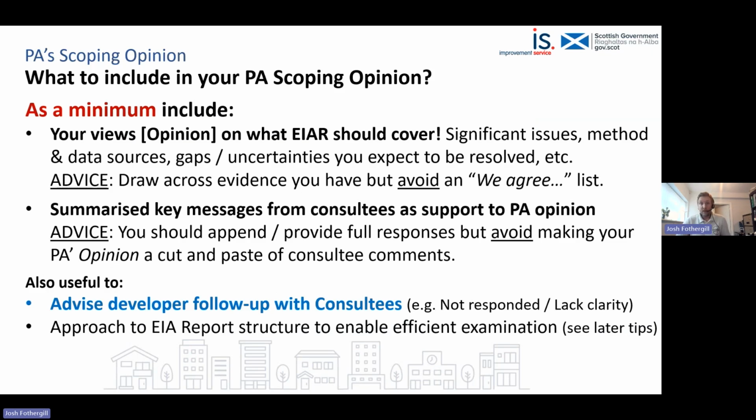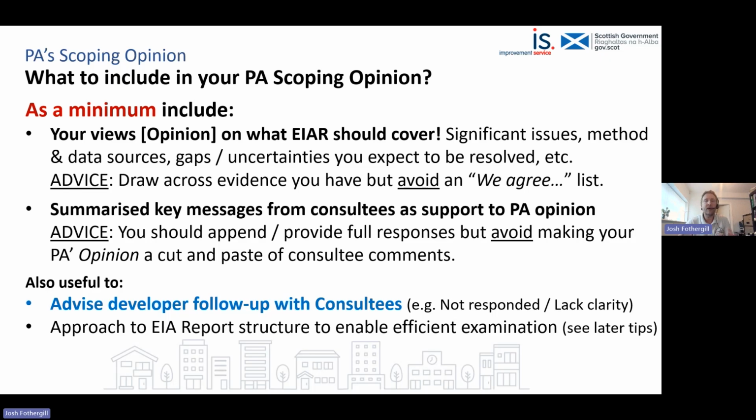So what do we want to include in this opinion that we are issuing? Well, as a minimum, your views as the planning officer, or representing your planning authority, taking in, if you happen to have the benefit of an ecologist or cultural heritage specialists within the council, or other consultees. What do we expect the EIA report to be covering?